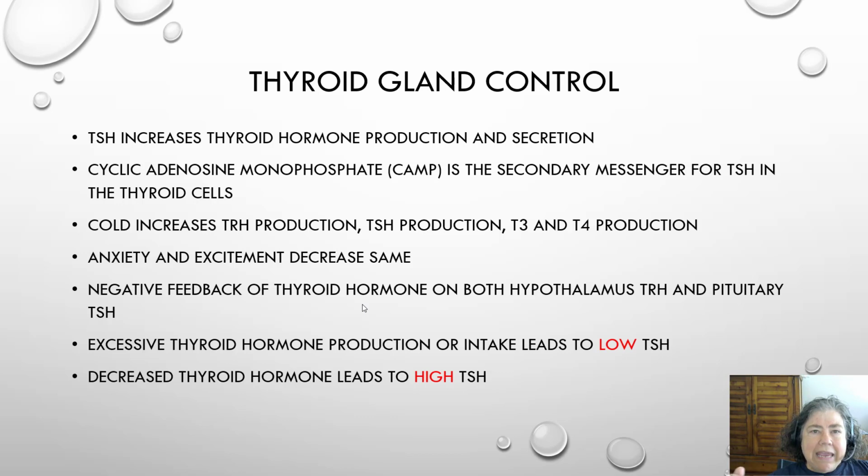When we are making excessive thyroid hormone, or when we are taking in more exogenous thyroid hormone than we need, we get a low TSH. And conversely, when we are not making enough thyroid hormone, we have a high TSH.